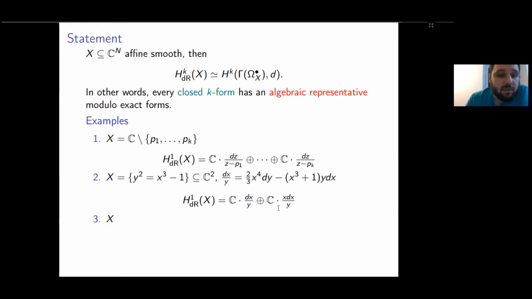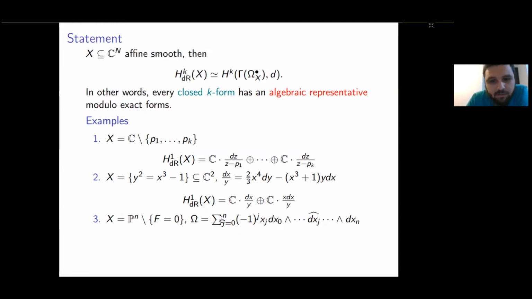The last example that I will show you is a bit more involved. Consider P^n, the projective space, minus a hypersurface given by some homogeneous polynomial f of degree d. Consider then this standard top form omega, which is defined in this way.